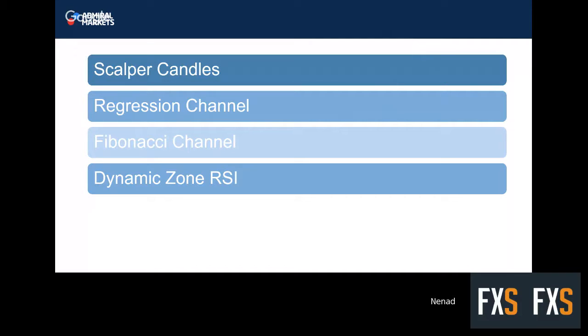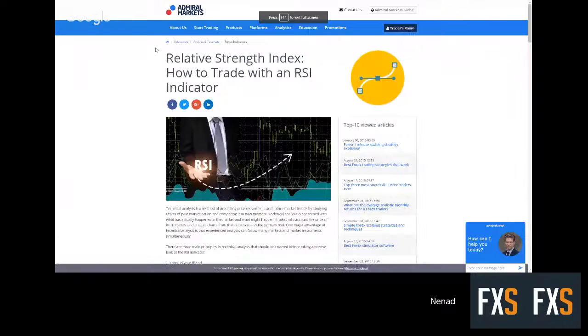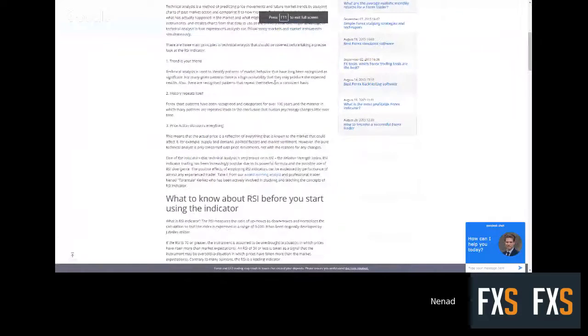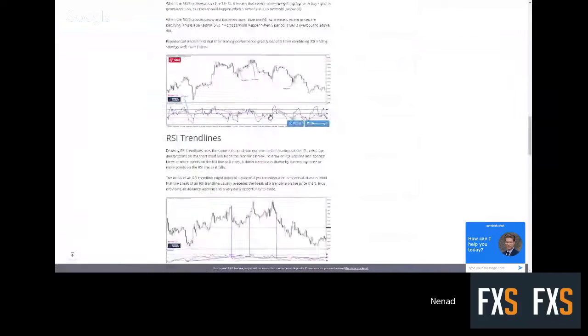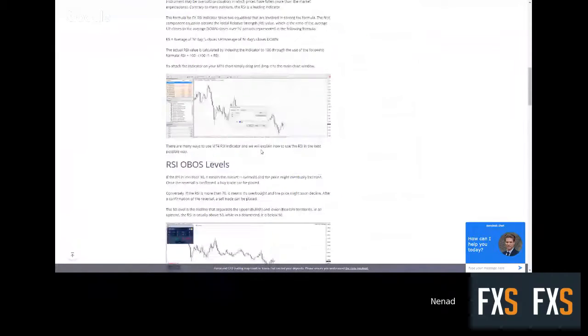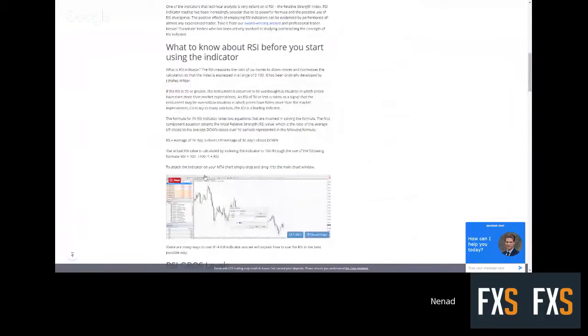Just because price reacts at a certain spot, it doesn't mean that you can immediately place a trade that can go in profits. For that, you need a confirmation. That is why we have different tools to confirm the entry. And here, guys, you can actually see it. This is RSI indicator, so you can navigate there, and here it's a great explanation why RSI levels are that important.